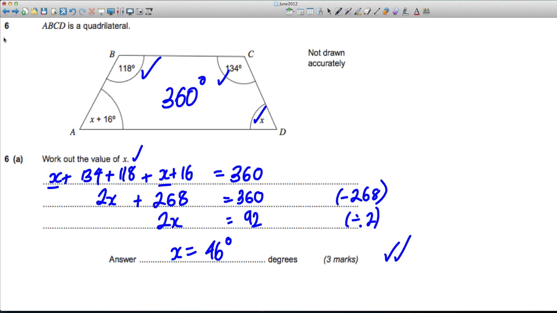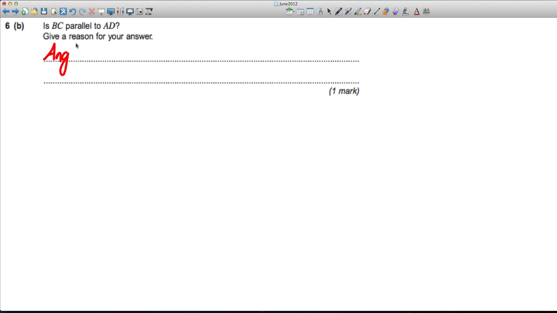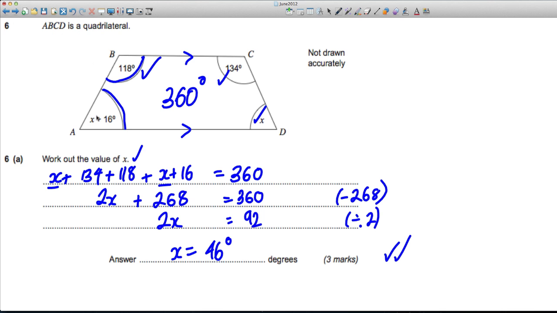Let's look back at the picture. Is BC, this one, parallel to AD? Now, if they were parallel, these angles would be interior angles and would add up to 180, right? Now, if you know x is 46, I could say the angle at A would be 46 plus 16, which would be equal to 62.